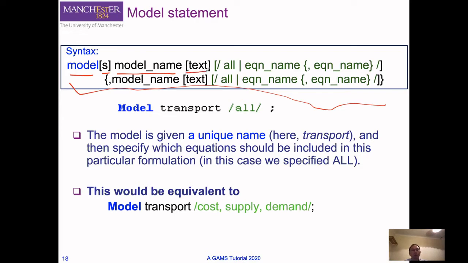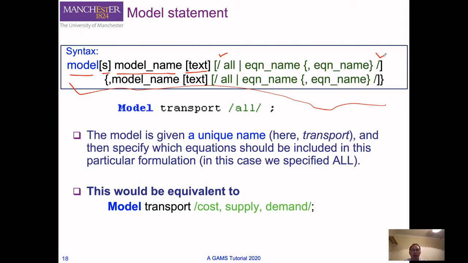Then is text. The text is used to describe the meaning of this model. It is optional. After that are two slashes. Between these two slashes, we can specify which equations should be included in this model.